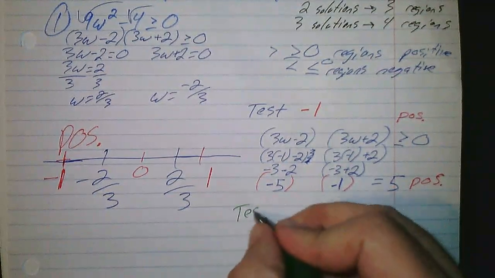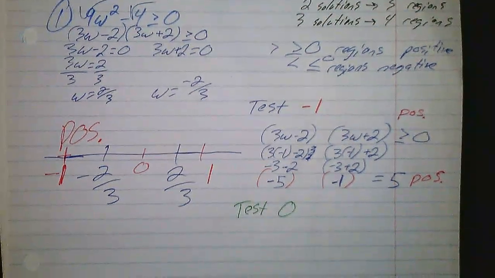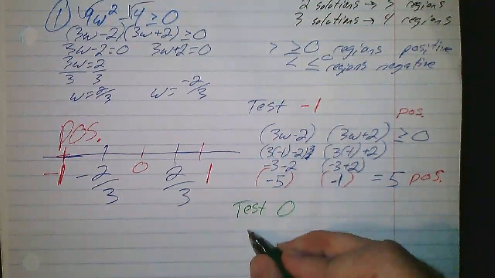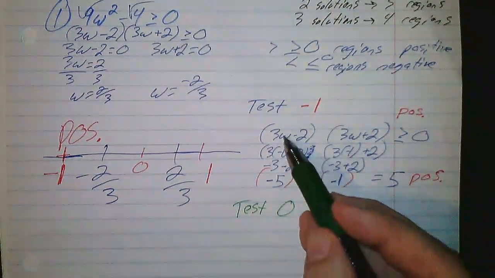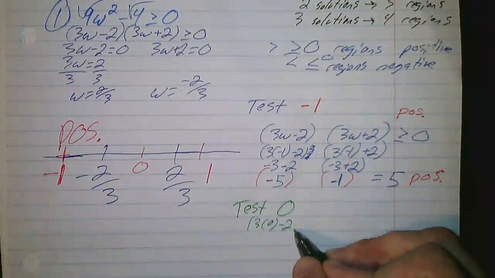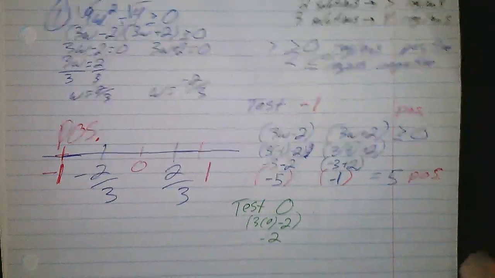0 is easy to test. If I plugged in zeros into our W, the W term would just zero out. 3 times 0 minus 2 is just negative 2.